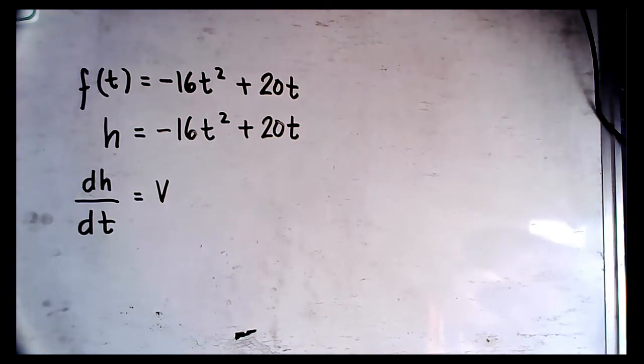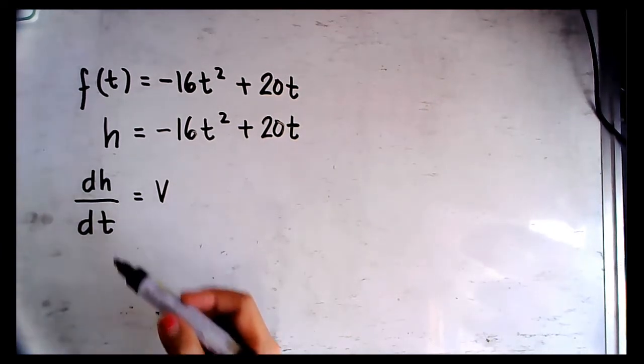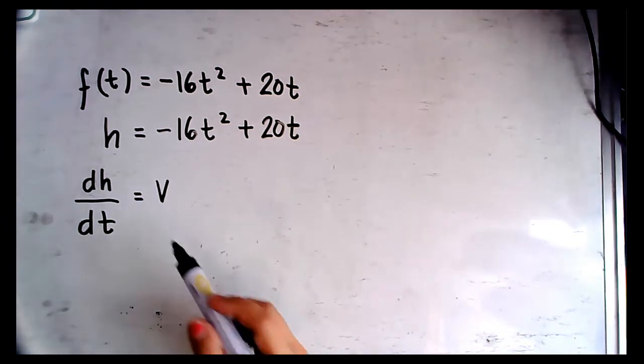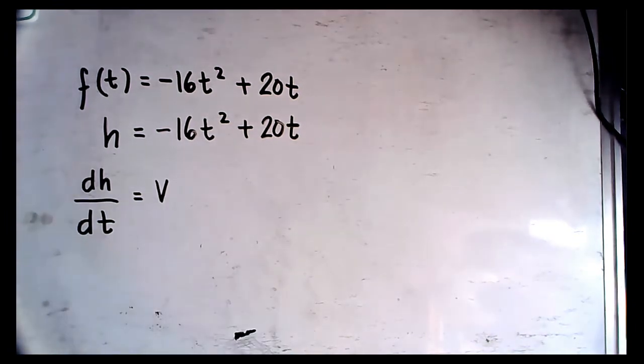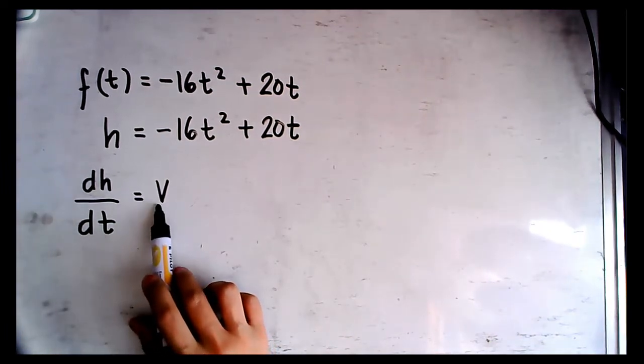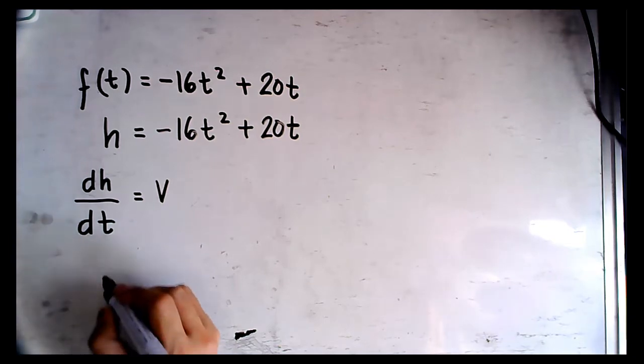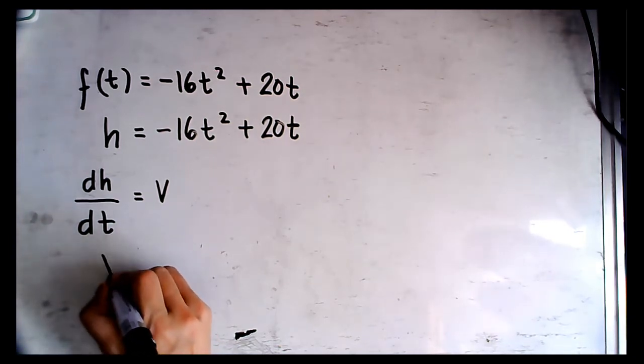Remember, the velocity is, again, change in distance divided by time. So if there is a change in height divided by the change in time, that is basically an equation for the velocity.